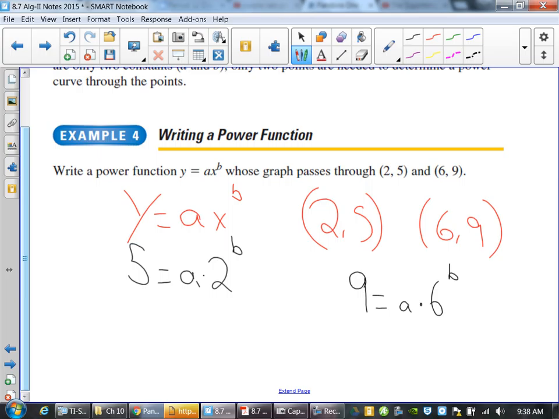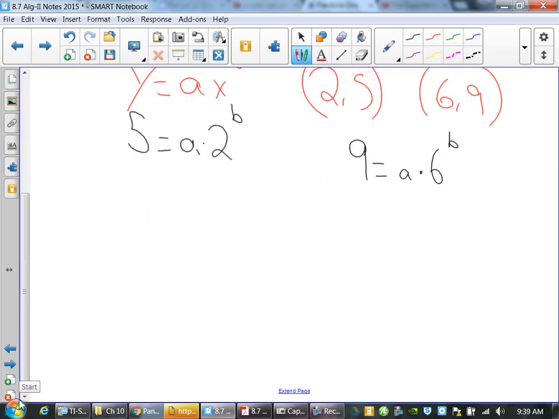We can do the same thing, get a by itself in the first one. 5 over 2 to the b. You guys know I was going to say that. Substitute across.